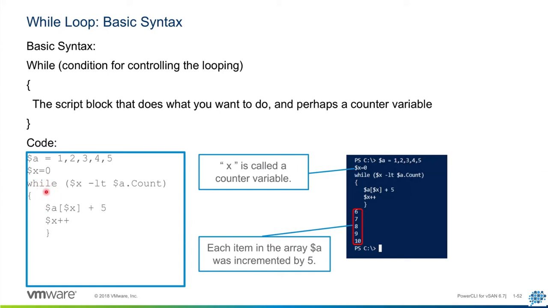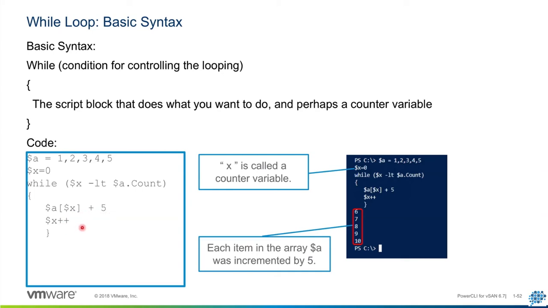So what I'm saying here is, while $X is less than $A.count. $A.count is the number of elements in this array, which is 5. So the condition is, if the x variable is less than 5, then do the tasks below, that is, increment each element by 5.